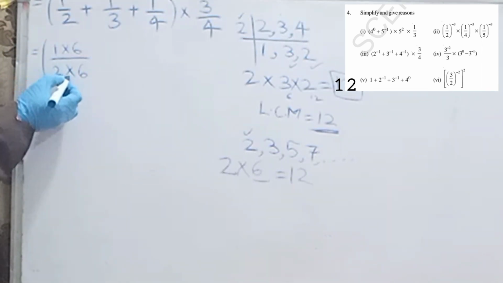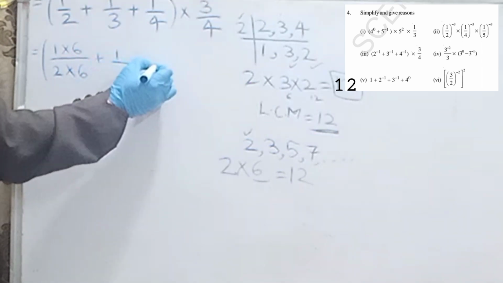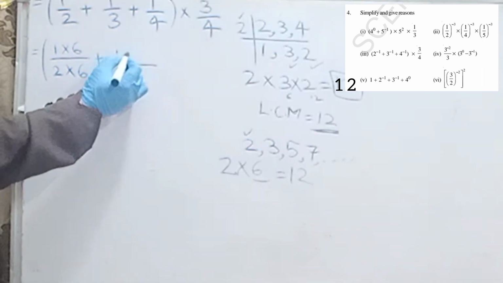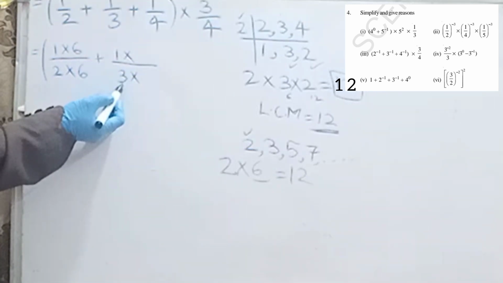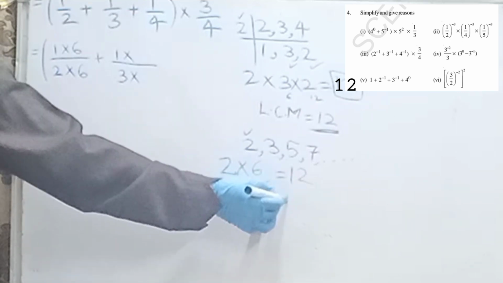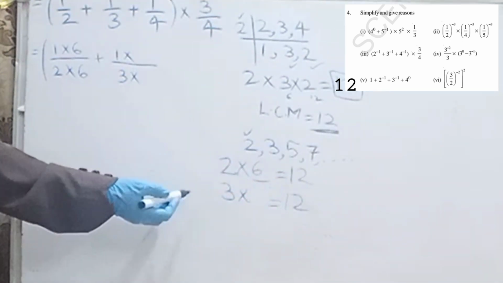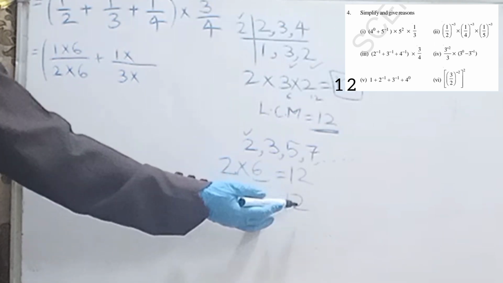Okay students, now we got 12 here. Now next fraction is 1 by 3. Again I am extending this and writing multiplication marks here. Now we have to see in 3 table what we have to get. We have to get 12. When do we get 12? When we multiply with 4, we get 12.